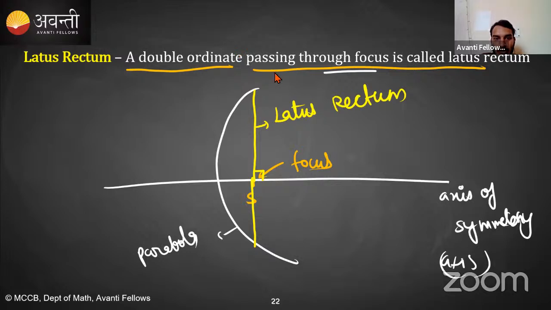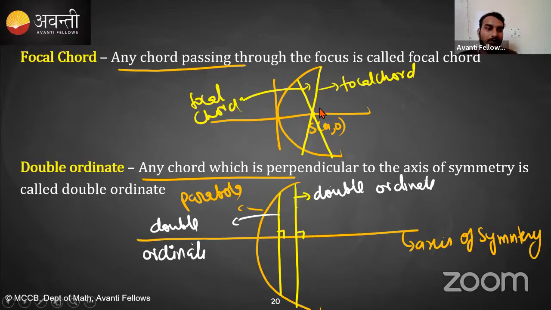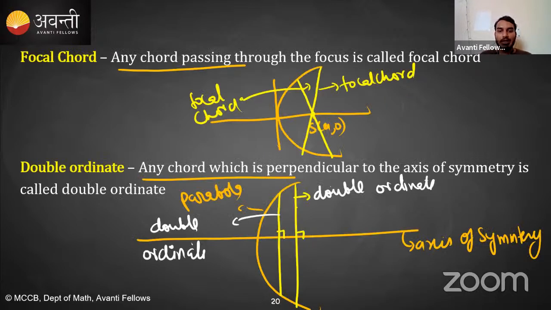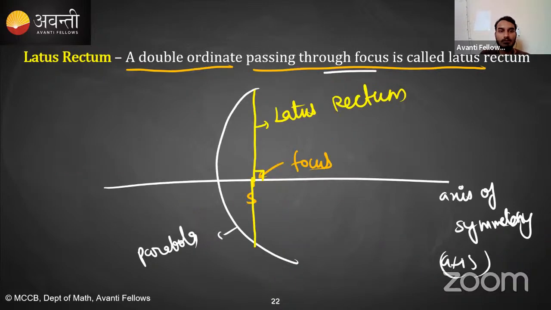A focal chord of a conic which is perpendicular to the axis, yes, same thing. But we have already defined all this in the double ordinate, right? When I say double ordinate, it means I am talking about the chord which is perpendicular to the axis of symmetry, right? Now out of these double ordinates, a special double ordinate which is passing through the focus will be known as the latus rectum.